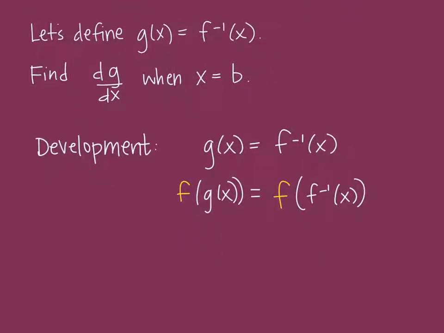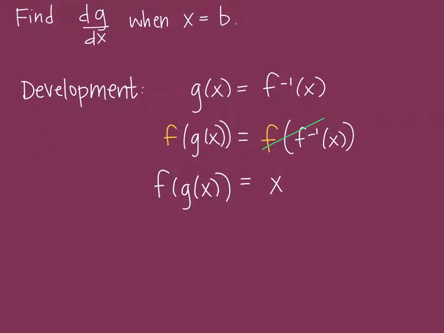What we're going to get is f and f inverse undo each other, and you're left with simply x. And then we've got f of g of x on the other side. This is an expression that we can use the chain rule to find the derivative for.